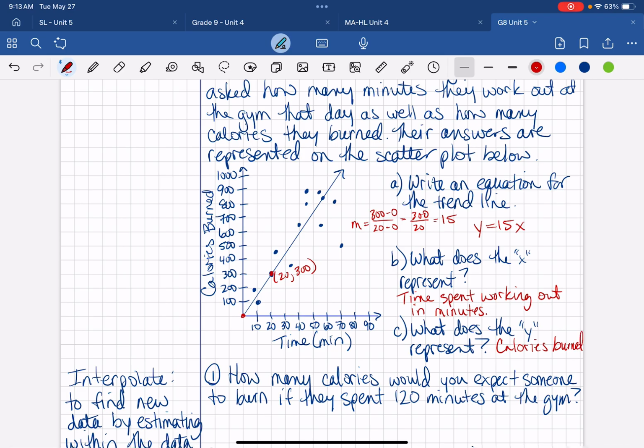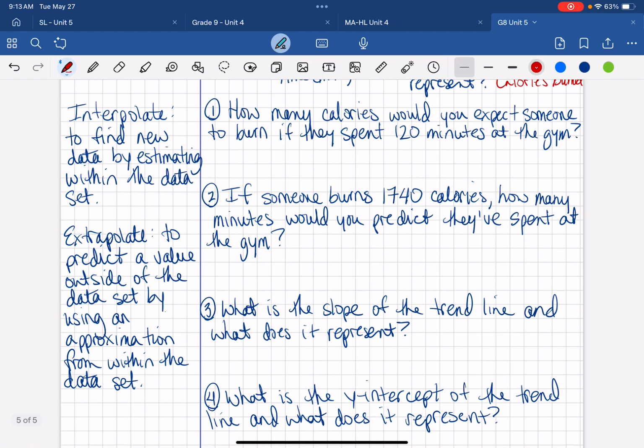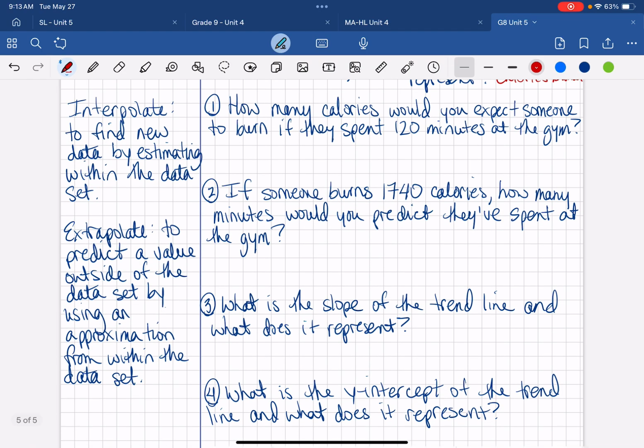So we can see what this information is. We have the equation for the trend line or the line of best fit. So let's go ahead and answer these questions. When answering questions about a situation, you are either going to interpolate or extrapolate.